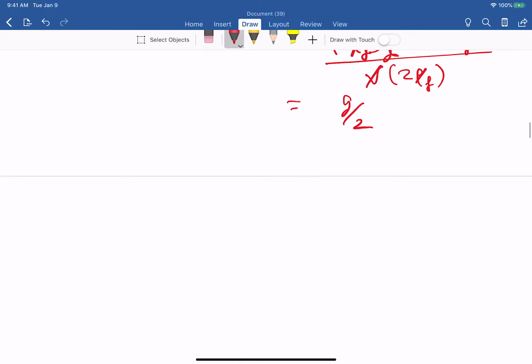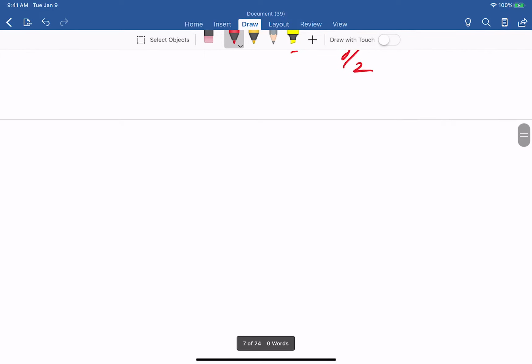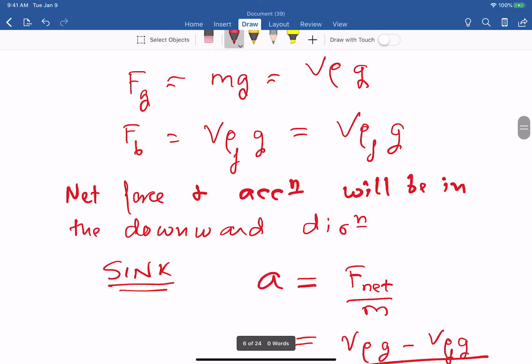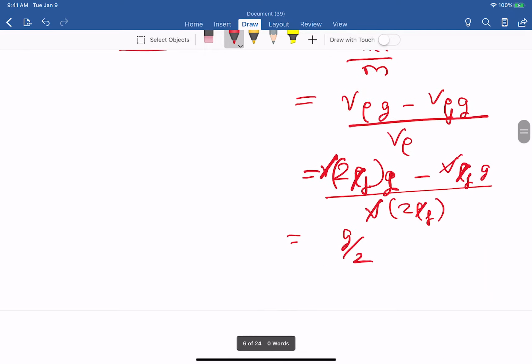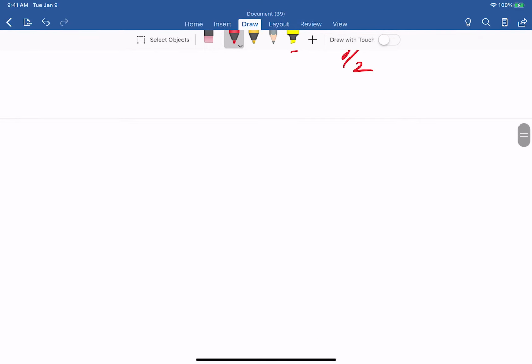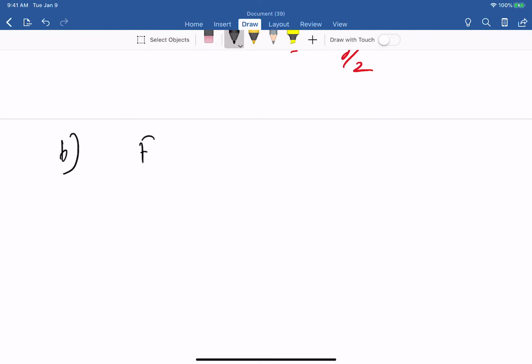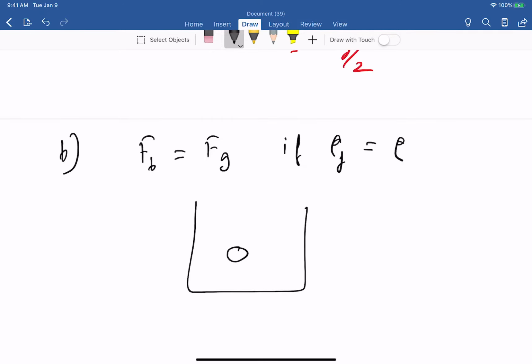Part B is asking what happens if rho is equal to rho_f. If the rho and the rho_f are the same, then Fb and Fg are going to be the same. Which means that the net force on the object as it's submerged is going to be 0.